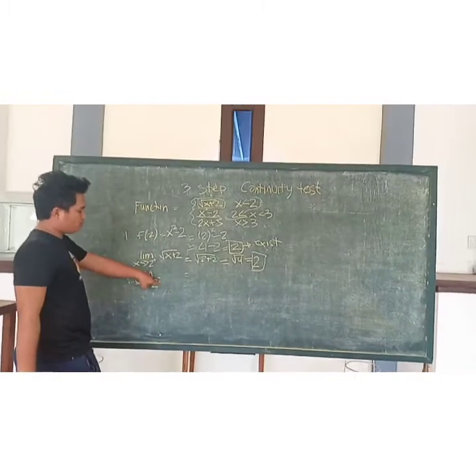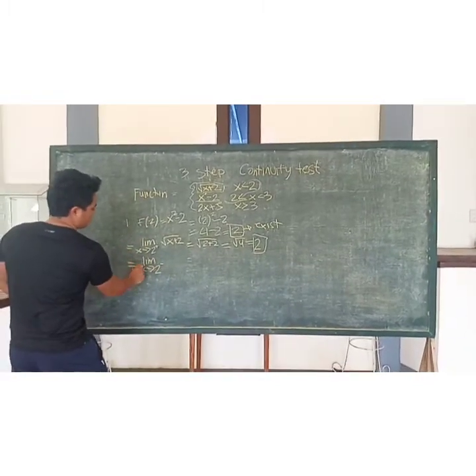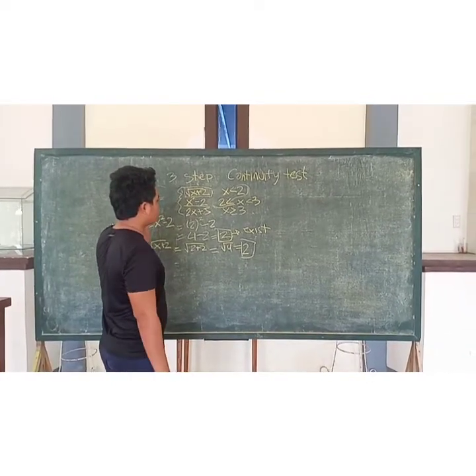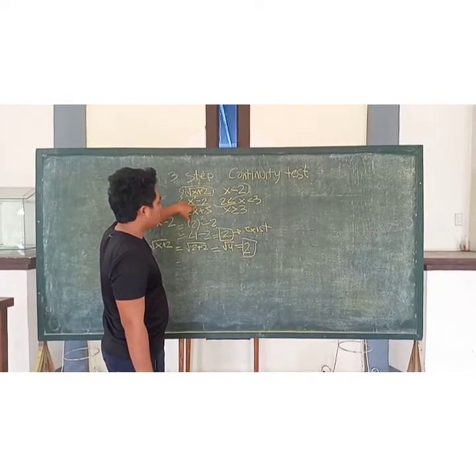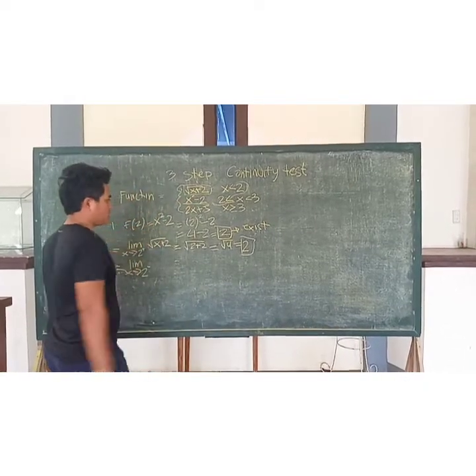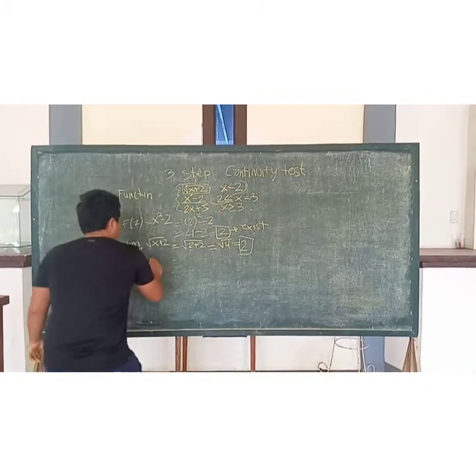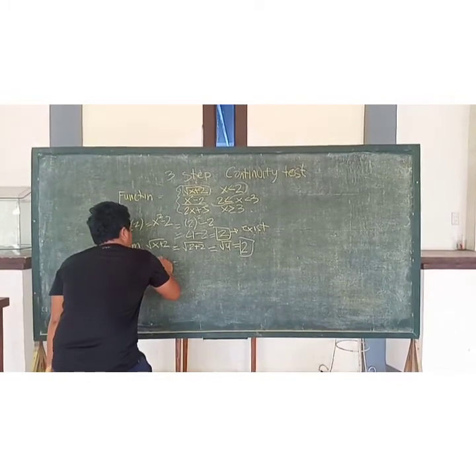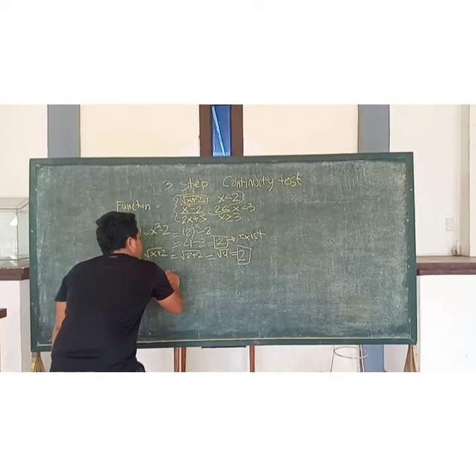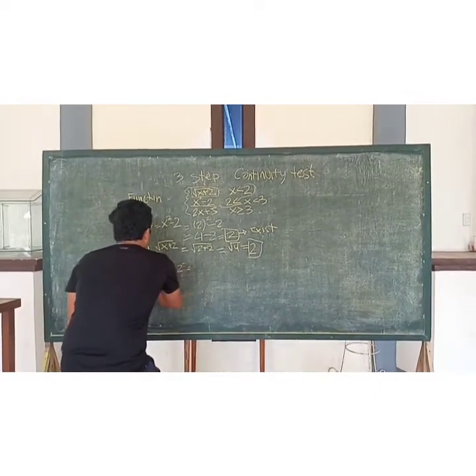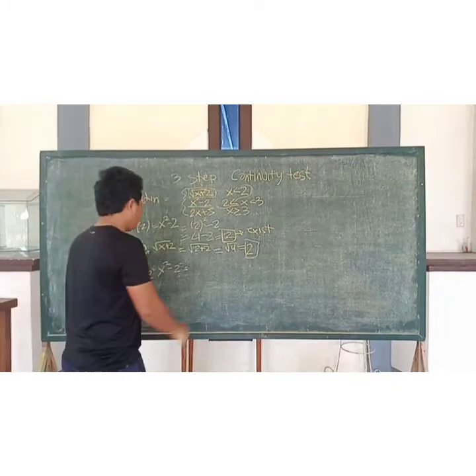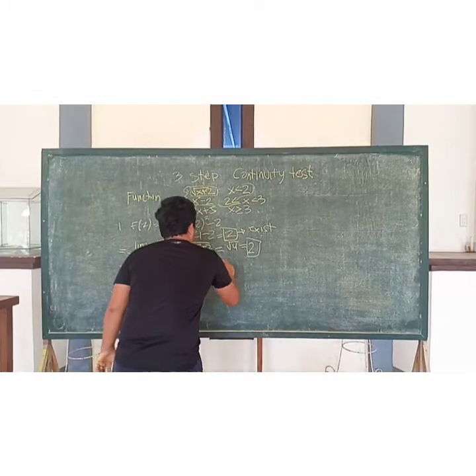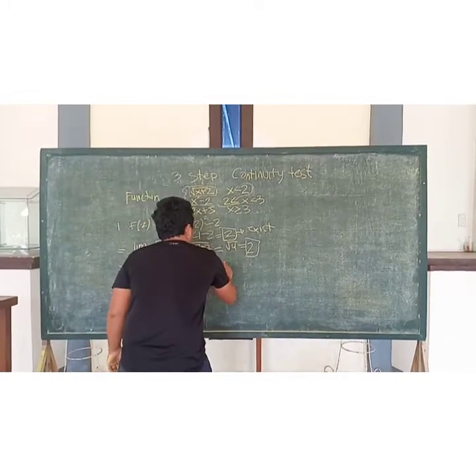We use this form, x squared minus 2, because x is greater than 2 on that side. Substituting the value of x, which is 2, this will become 2.